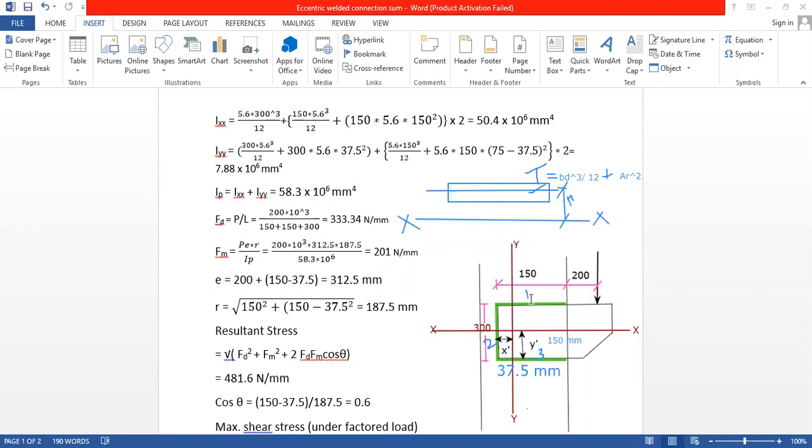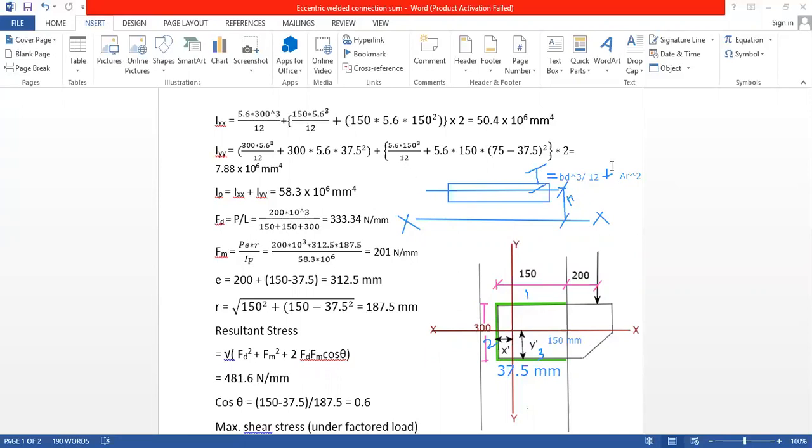So this first strip and this third strip are those cases. These strips are not passing through the x-x axis. So we have to calculate it using this formula. So see what I have done. In this case, the x-x axis can be assumed to be passing along the shorter dimension, which is 5.6.